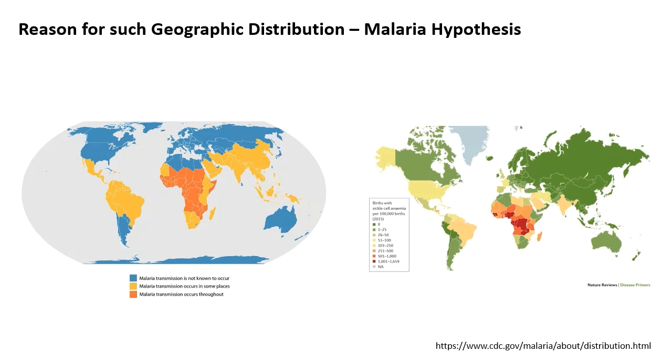Coming to the malaria hypothesis, now if you see, these are the areas where malaria is transmitted. Now compare this to the earlier picture that I showed you, and you can see that the distribution is almost similar for malaria and sickle cell.